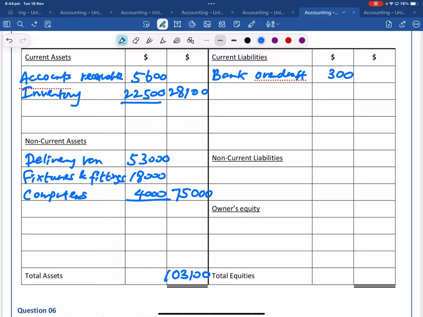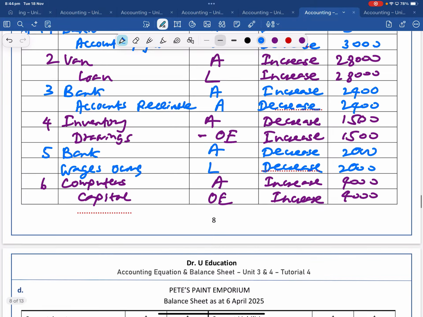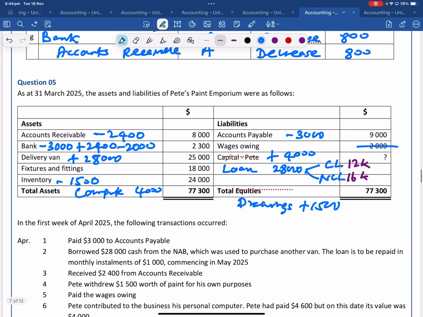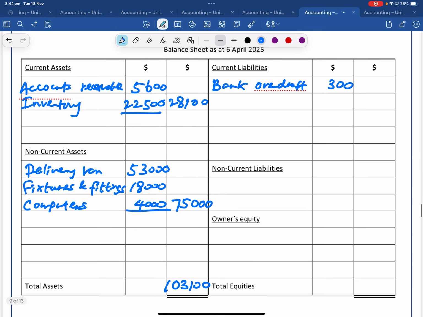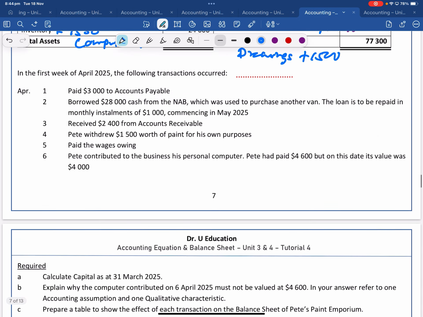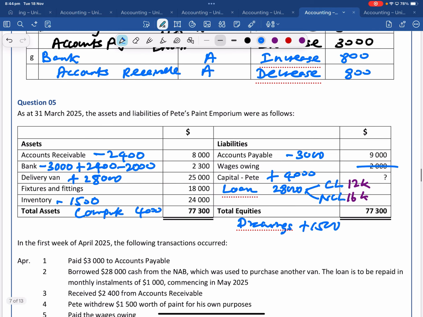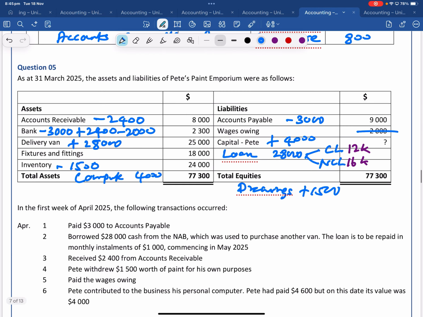103,100 is total assets. Now I'm going to the equity section. Accounts payable 6,000. Next one is wages owing, nothing. Then loan. Yes, loan. Did we borrow it somewhere?